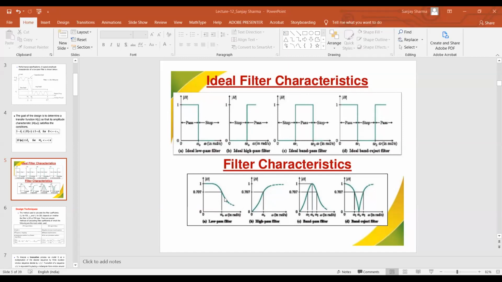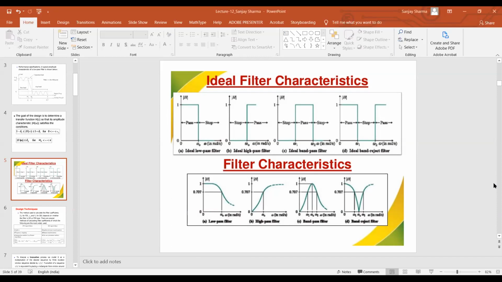So this is known as the roll off of the filter to go from the pass band to the stop band. All right. So practically you never achieve these types of filters, but you design filters so that you come as close as possible to the specifications and to the requirement.